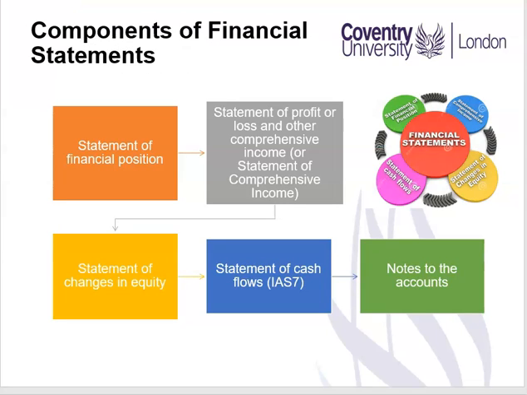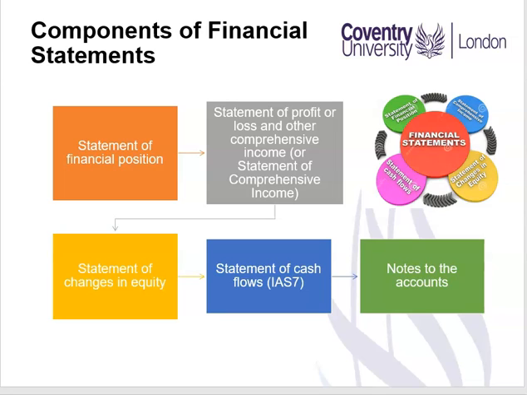So what are these four primary financial statements? The first of which is the statement of financial position. The second is the statement of profit or loss and other comprehensive income, or statement of comprehensive income. For the sake of brevity, the statement of profit or loss and other comprehensive income may be referred to as statement of comprehensive income.